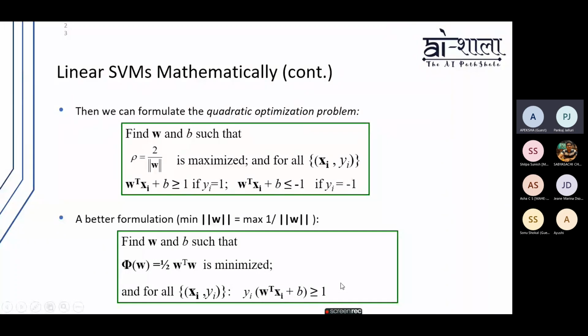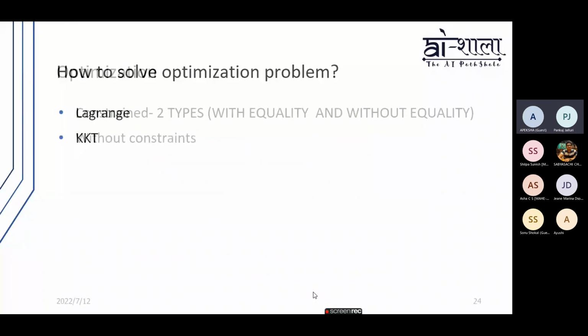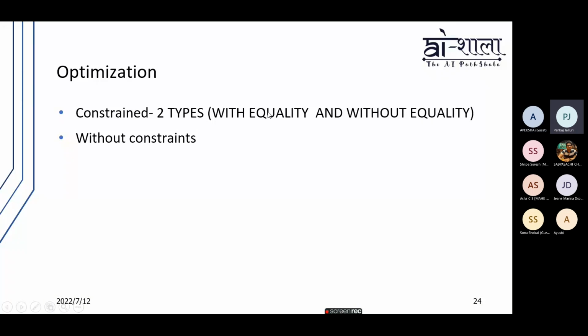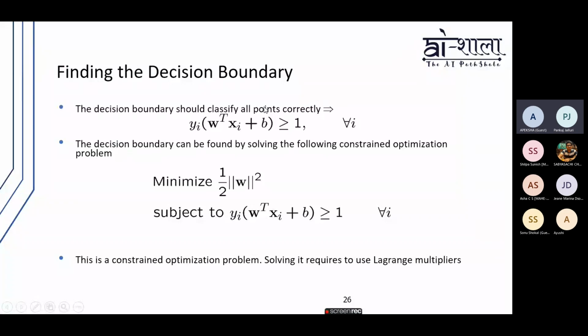Greater than or equal to means it will be solved by inequality constraints. With equality it is solved by simple Lagrangian, and without equality it is solved by KKT, which is the Karush-Kuhn-Tucker problem that we have seen an example of just now. So we will use KKT to solve this, and this is our problem.